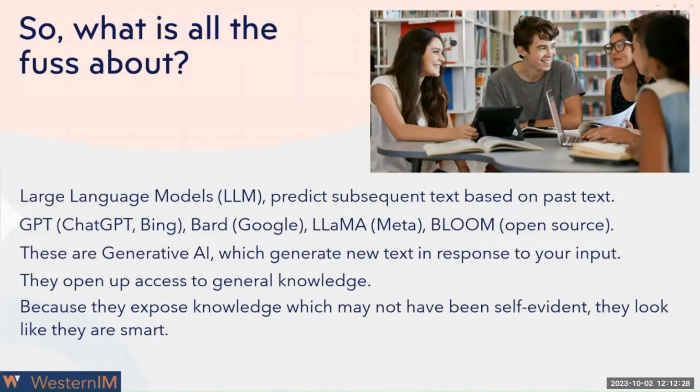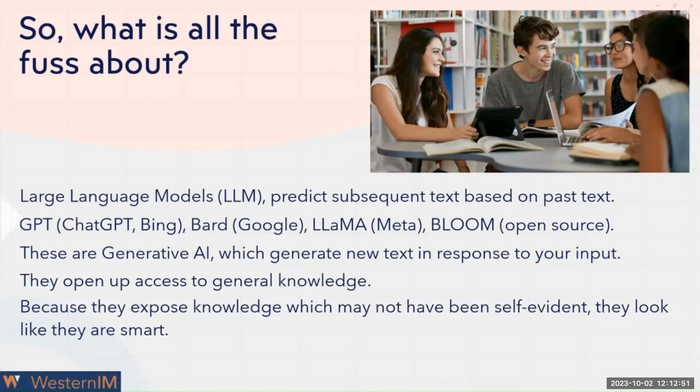Large language models go beyond simple single-word concepts like elephant, color, and gray, and can expose connections between concepts expressed in multiple words, phrases, or sentences. Because they expose connections that may not have been immediately evident, they can appear to be quite smart.